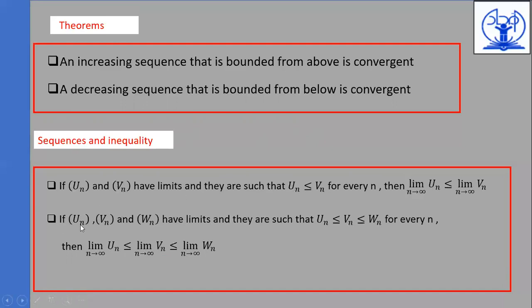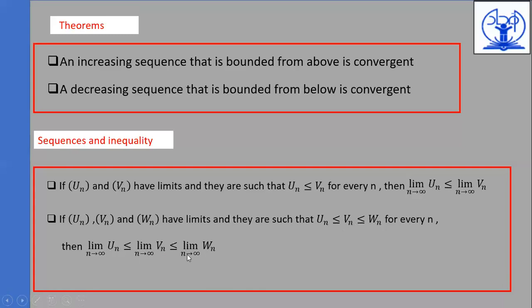Now, this is a very important property. Actually, it's called the squeeze theorem. It's saying that if un, vn, and wn have limits, and vn is squeezed between un and wn for all n, and if, moreover, the limit of un and the limit of wn are both equal to a real number L, then the limit of vn will be equal to that limit.